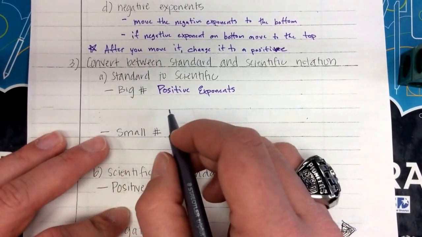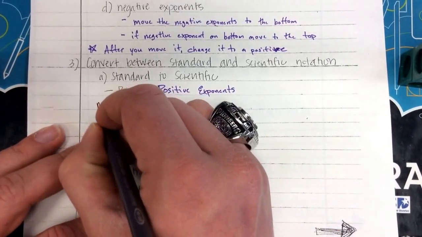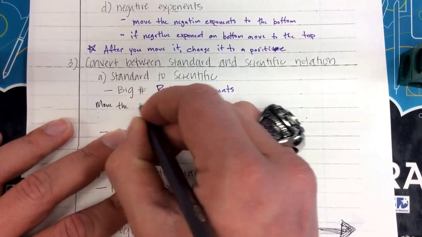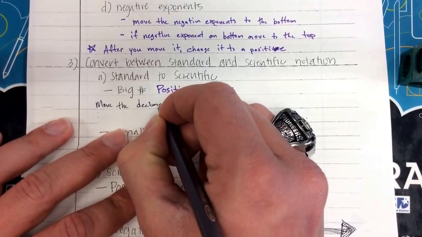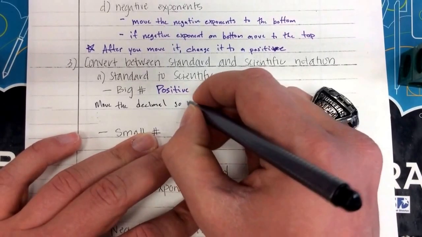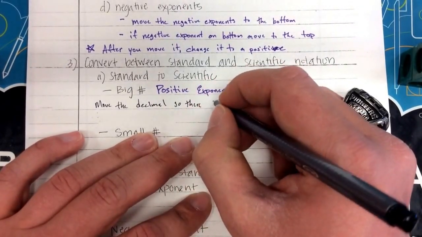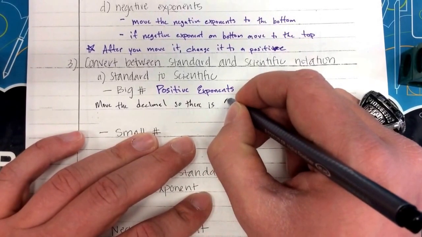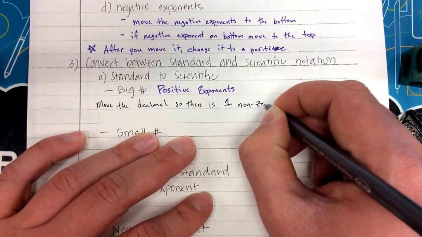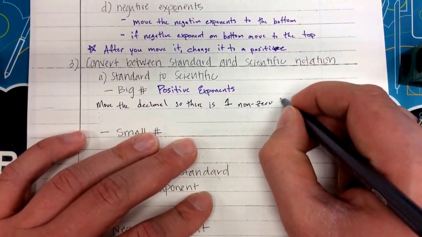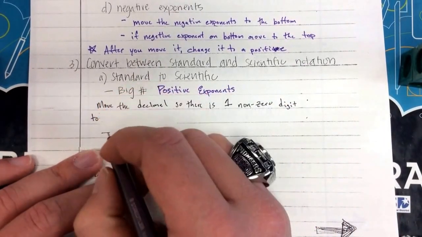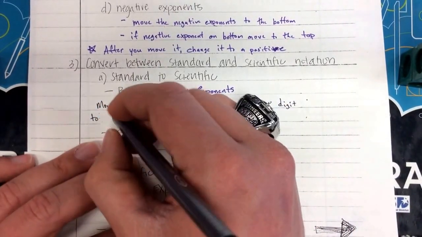So when you're working with scientific notation, you need to move the decimal so there is one non-zero digit to the left of the decimal.